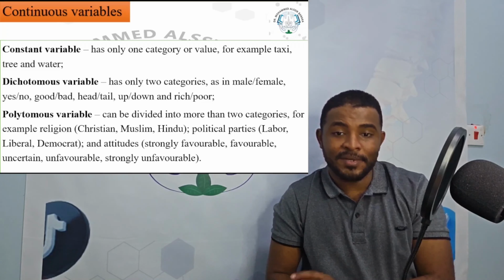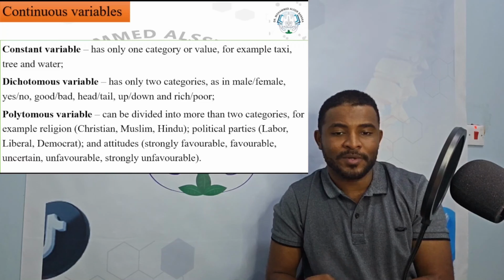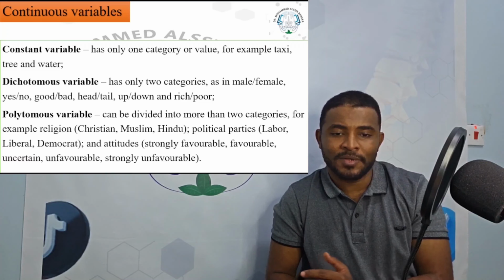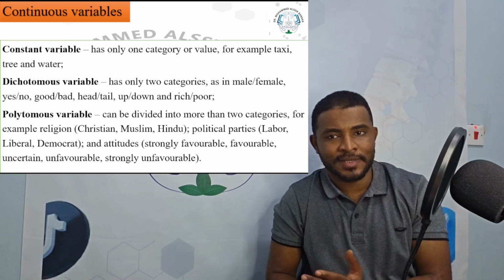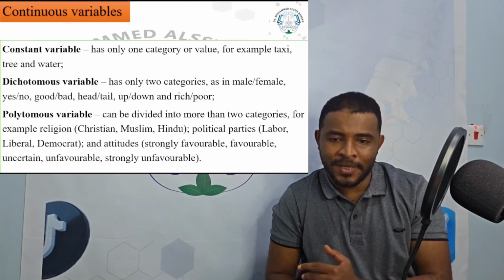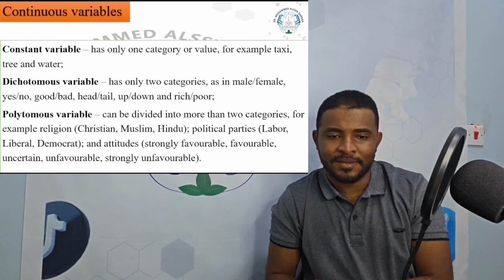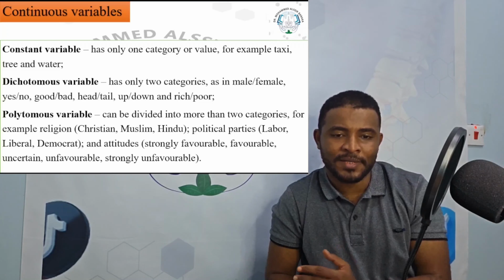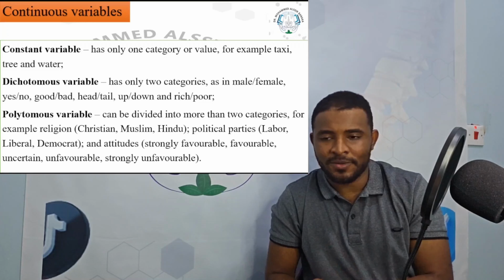Polytomous can be divided into more than two categories. For example, in religion, we have Christian, Muslim, Hindu, whatever. Political parties are many political categories. Attitudes: strongly favorable, favorable, uncertain, and so on.